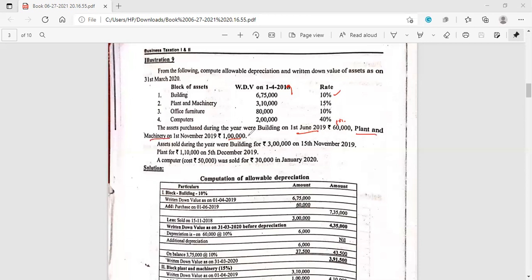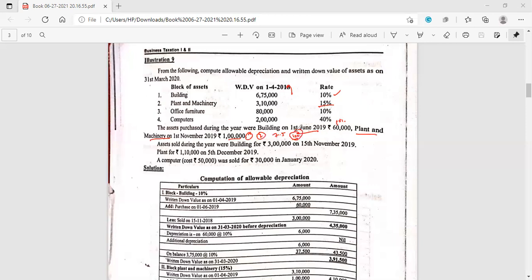Here we are supposed to calculate two depreciations. One is the normal rate, and another one is additional depreciation. So rate of depreciation 15%. Now on 1 lakh, first we have to calculate at 7.5%. Then again we have to calculate at 10%.